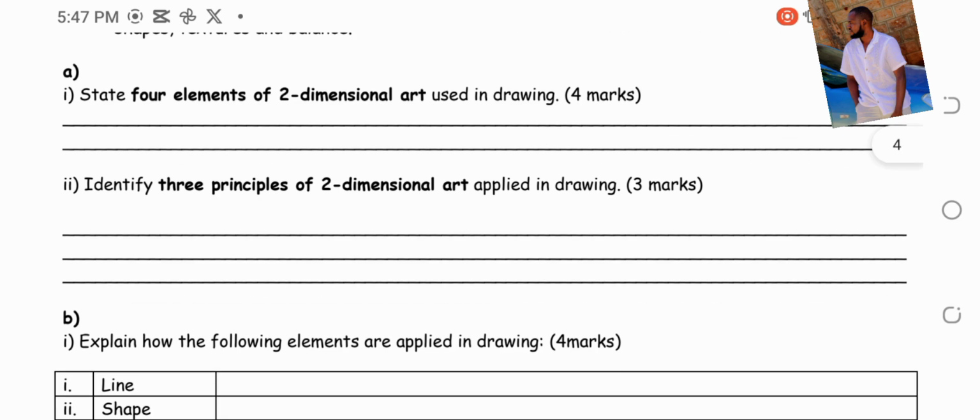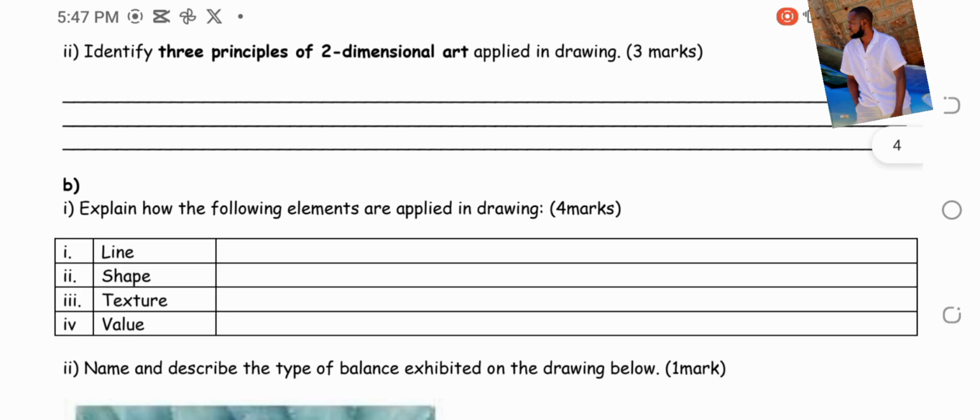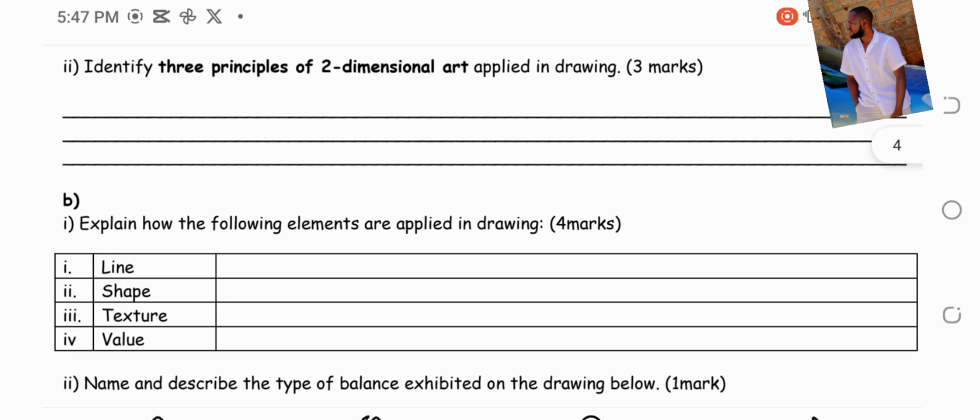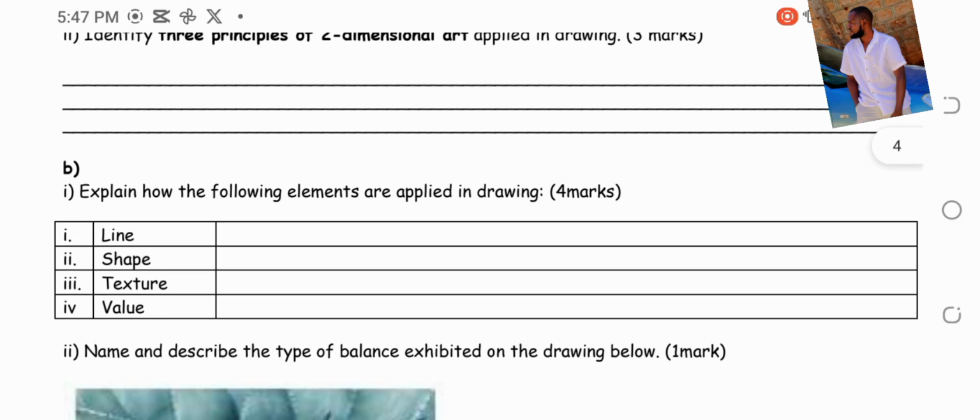Question number 1B, it says, explain how the following elements are applied in the drawing. So we start with the line as an element, which was number 1A, but now this one is number 2B. Number B1, it says line outlines objects and shows direction or movement. So basic one is lines showing movement and directions. Then number two, which is shape.